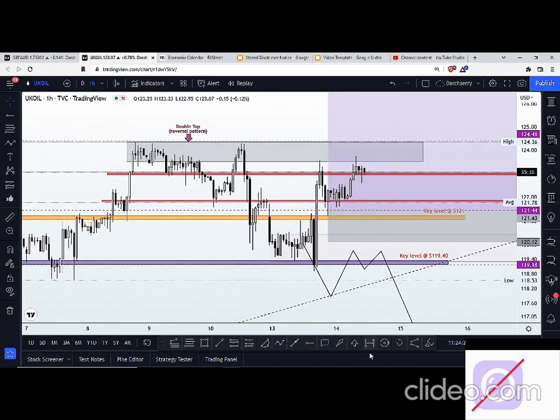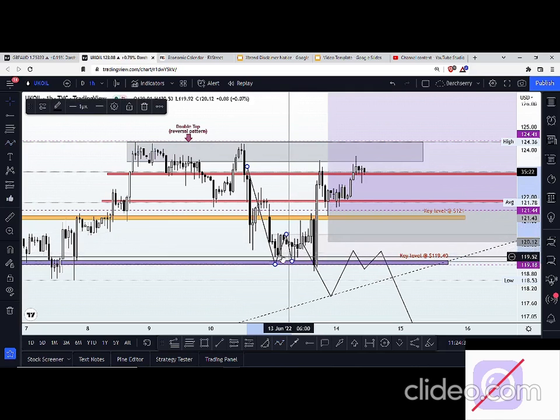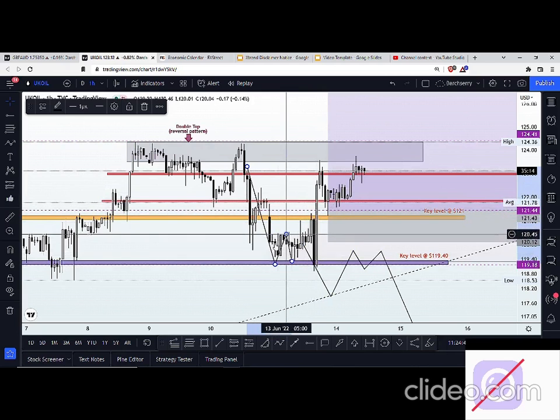As we can see, during the early hours of this week, our price has been juxtaposing between the $120.4 and $119.30 area in the first 6-7 hours of this week before we saw that outright breakout. So that outright breakout now is a signal that we will be going bullish for this week.